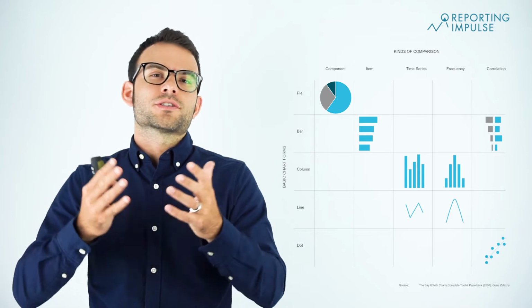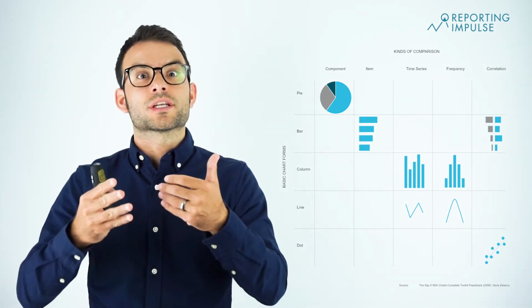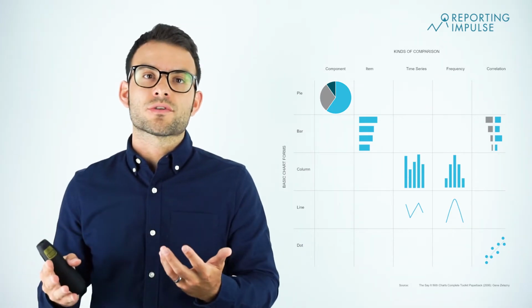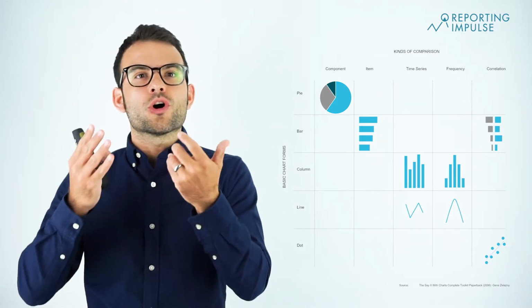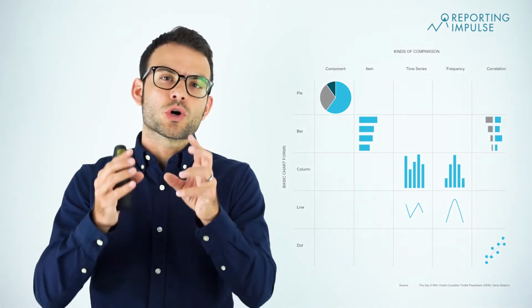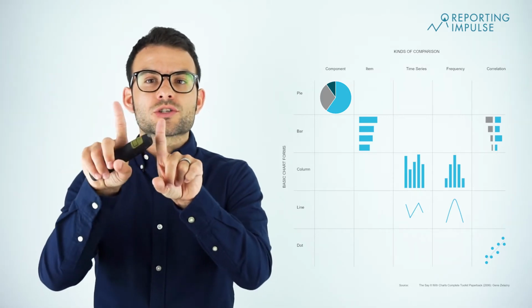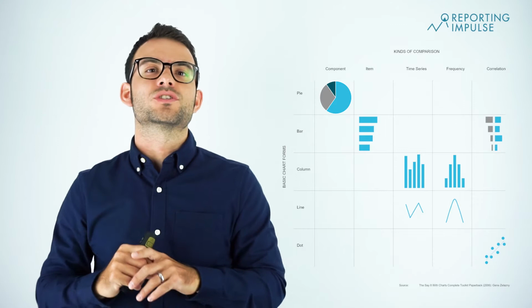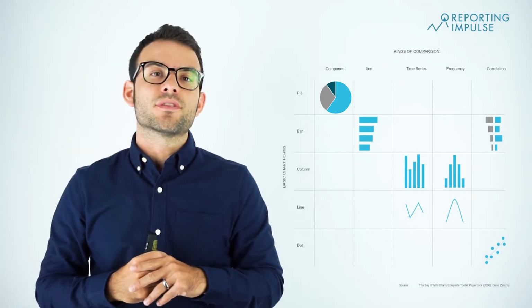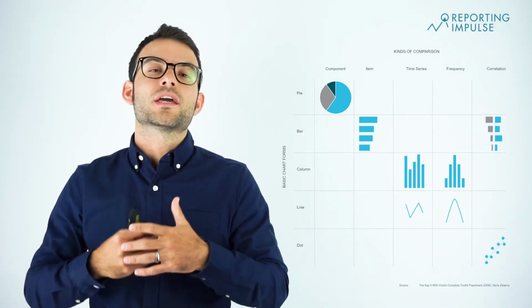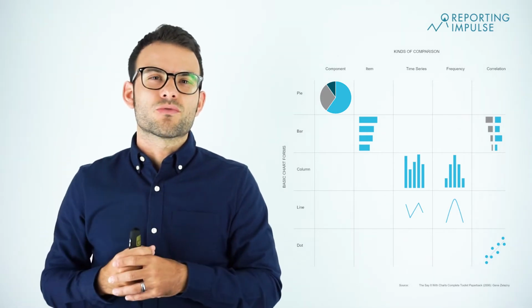However, if there is the time component, so if you look at time series, then you have either the column or the line. The column, if you really focus on specific values, like March and February next to each other to see directly, and then you go probably for that. If it's more the trend, then you go for the line.